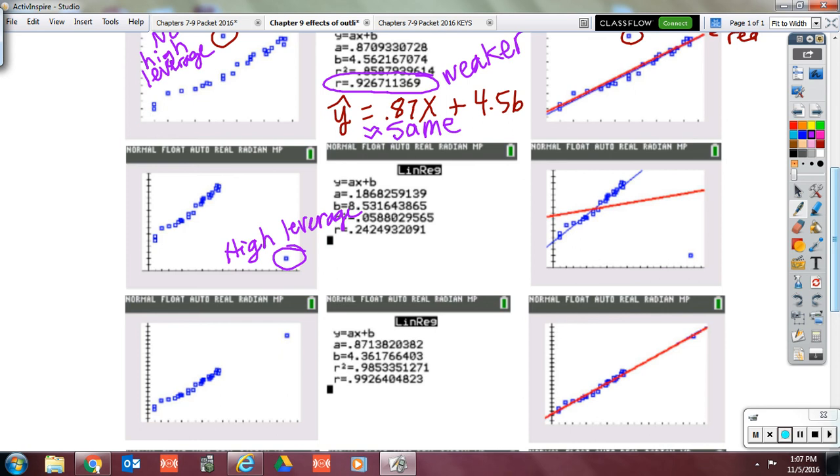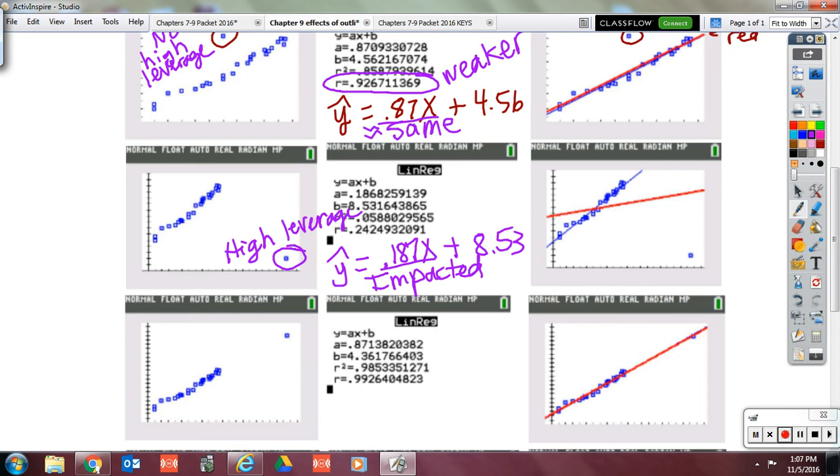All right, so let's see what's happening to our equations based on this. We can see that our equation of the line for this one is the predicted y is 0.187x plus 8.53. So I'm pretty sure that that really had an impact on the equation of the line.